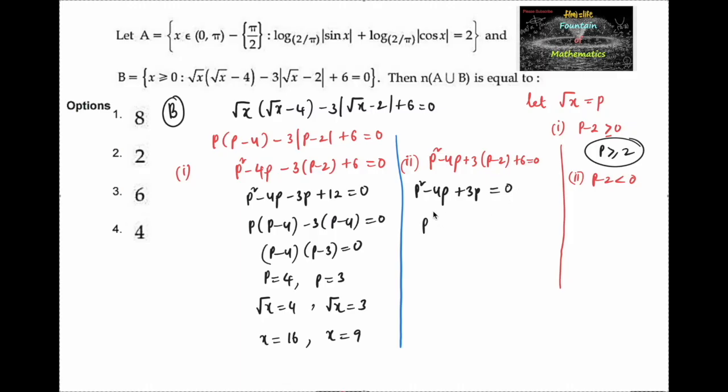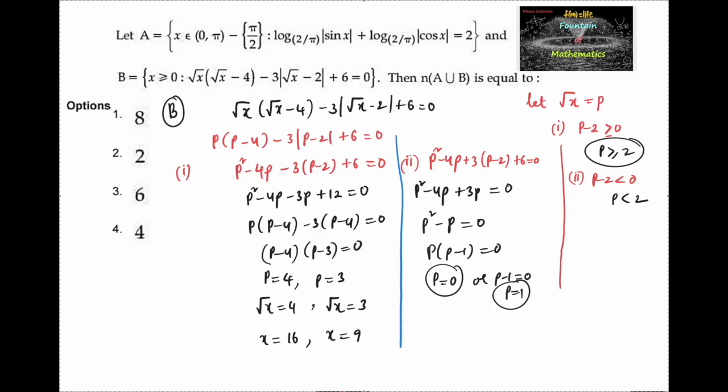So p square minus p is equal to 0. So we can take p times (p minus 1) is equal to 0. So either p is equal to 0 or p minus 1 is equal to 0. And it is given p is less than 2. So both the values p is equal to 0 and p is equal to 1 are less than 2. So we can consider this.